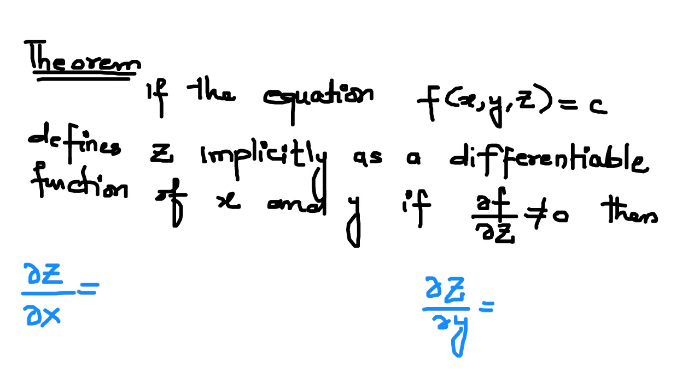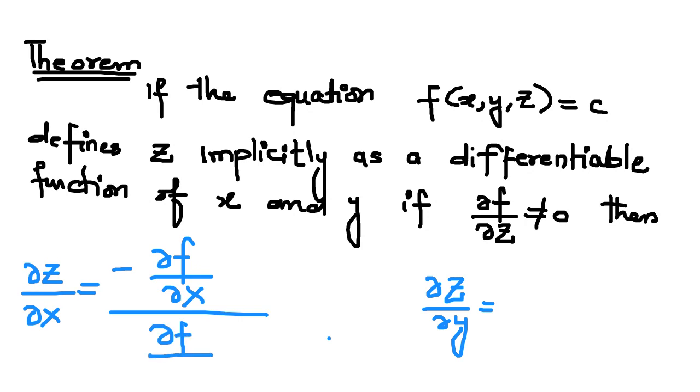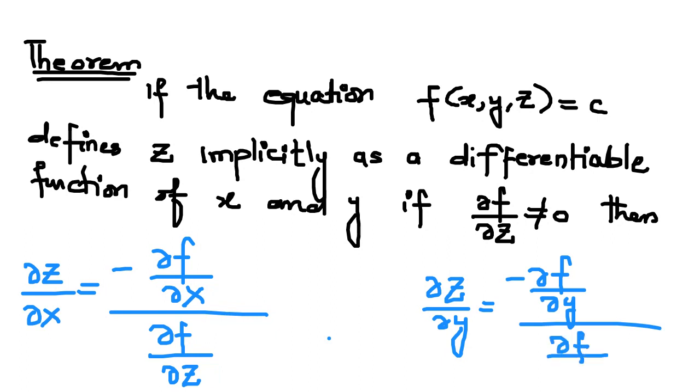With respect to x, it is equal to minus the partial derivative of f with respect to x divided by the partial derivative of f with respect to z. The second one is minus the partial derivative of f with respect to y divided by the partial derivative of f with respect to z.